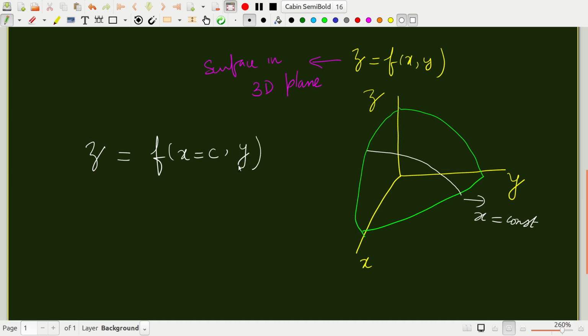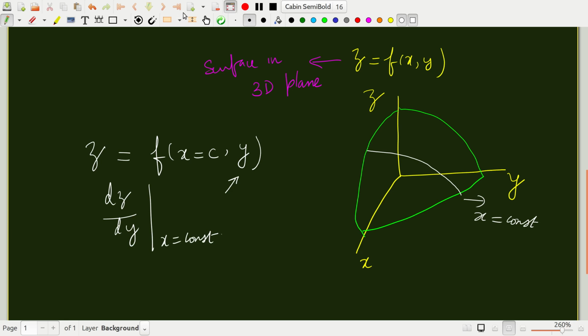It essentially becomes a function of the single variable y when you fix x to a constant. Since it's effectively a function of one variable, you can ask questions like what is the slope of this curve. You may say that the slope of this curve is dz by dy for this constant value of x. This is something that we can do very easily.